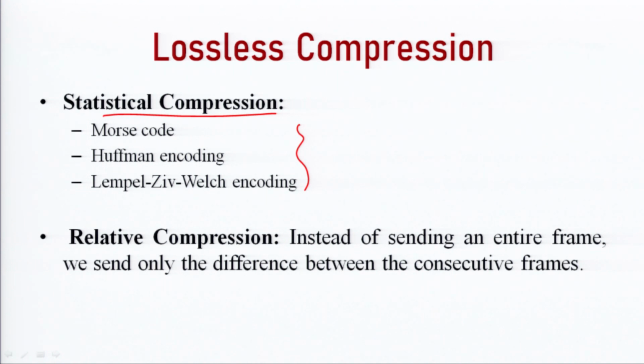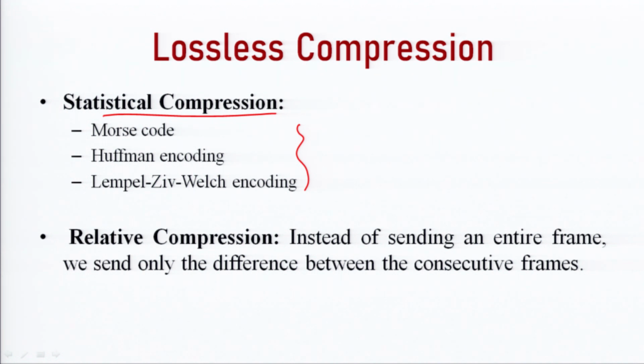For example, in Morse code, E is the most frequently occurring letter in English, about 12% of a random sample text. So we can use a simple dot for E, but 4 dots and 4 hashes and 1 dot can be used for rarely occurring symbols such as Q or Z.